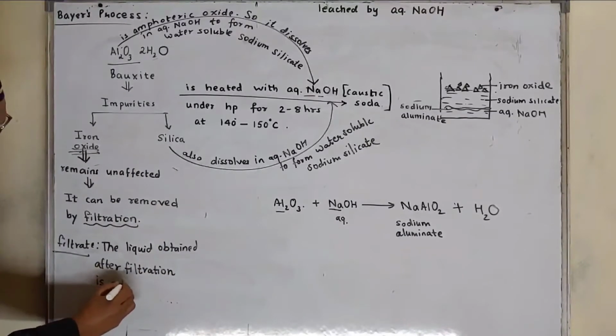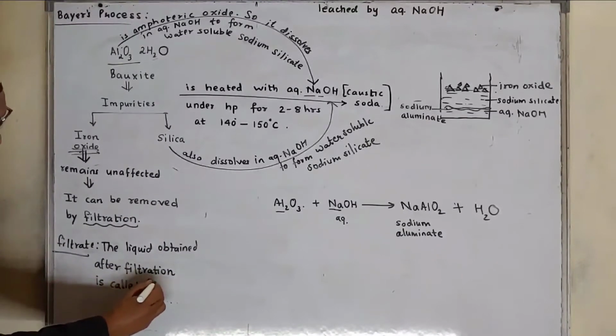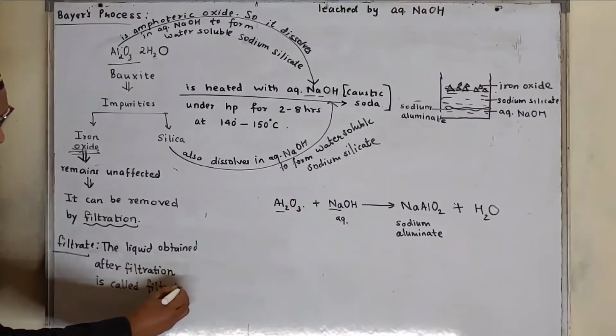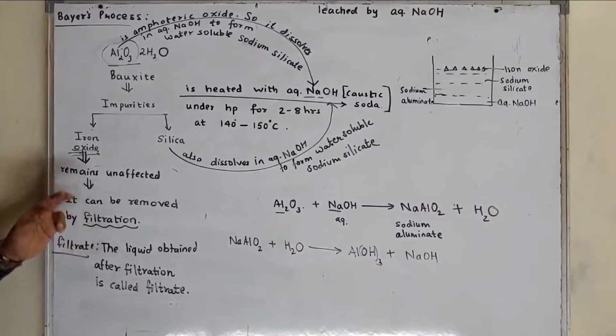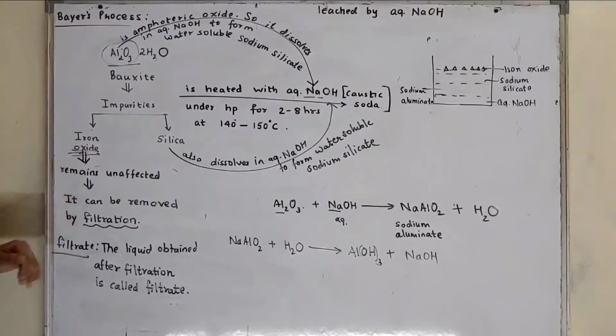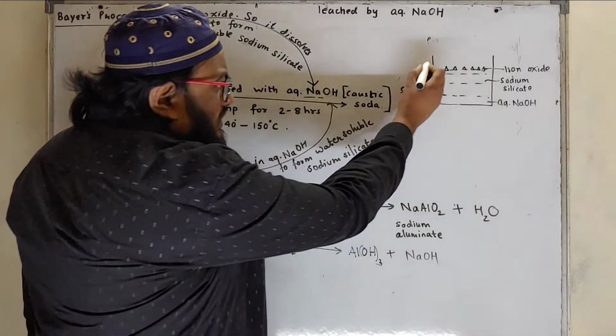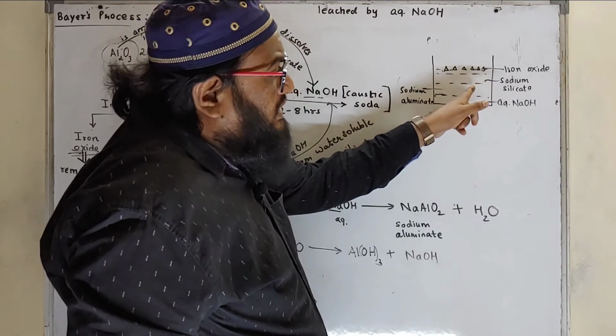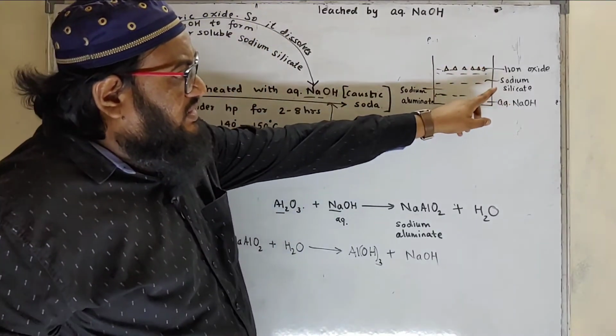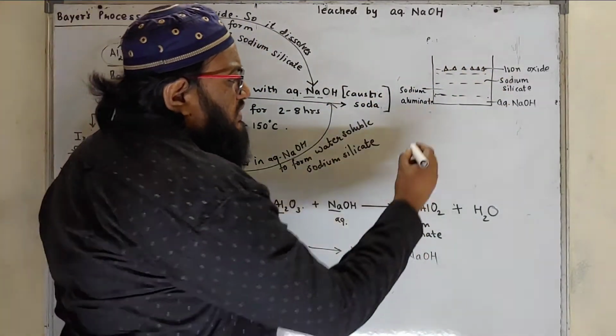So here we can remove iron oxide by filtration. The liquid obtained after filtration is called filtrate. Now it will contain sodium silicate and sodium aluminate.